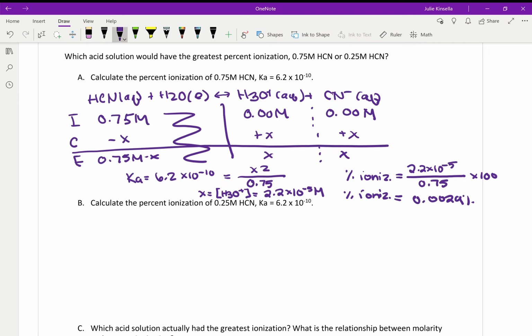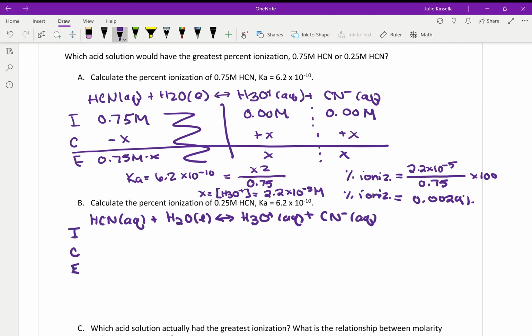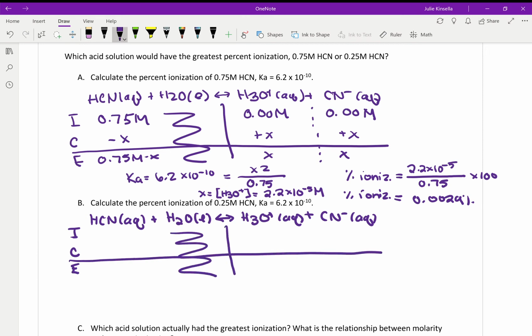If we then go through the same thing with 0.25, I'm just going to quickly copy in our equation here. Then we set up our ice table, except in this case we're going to use 0.25 for the initial concentration, with similar changes in x.